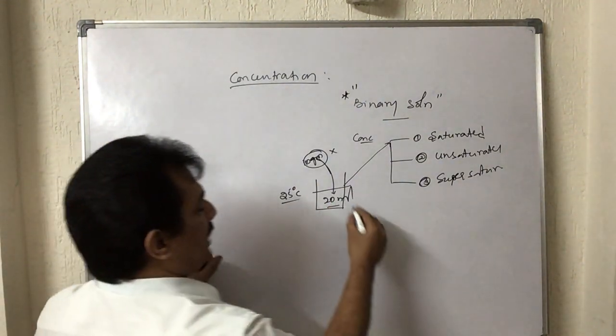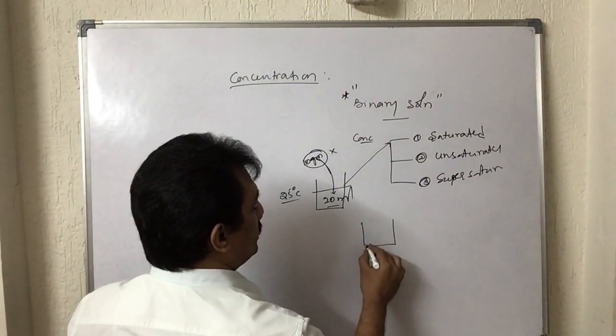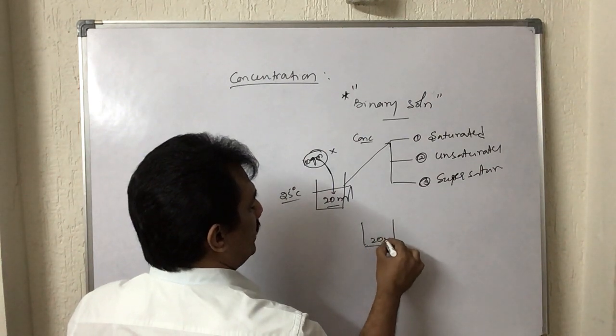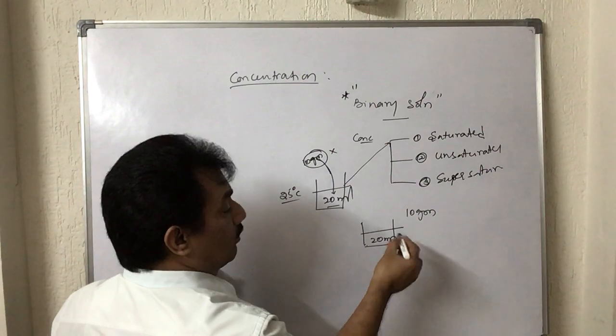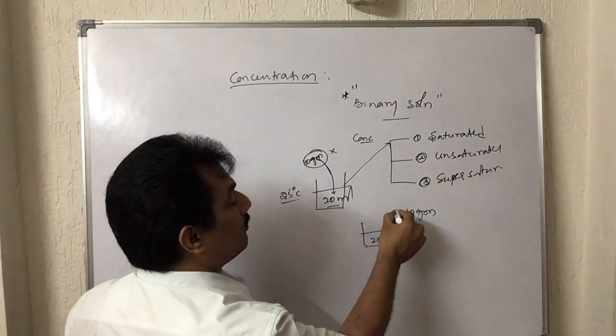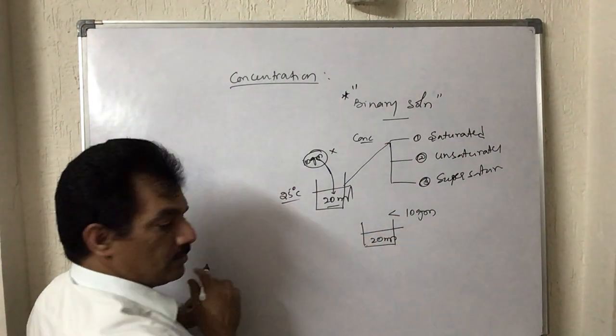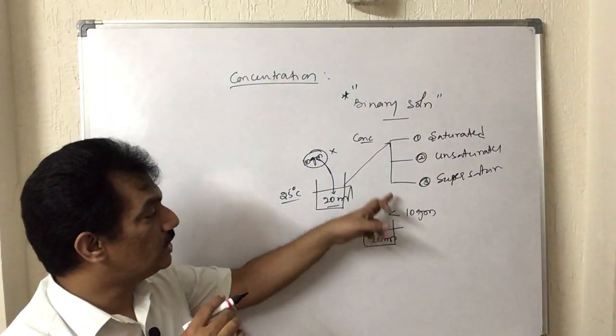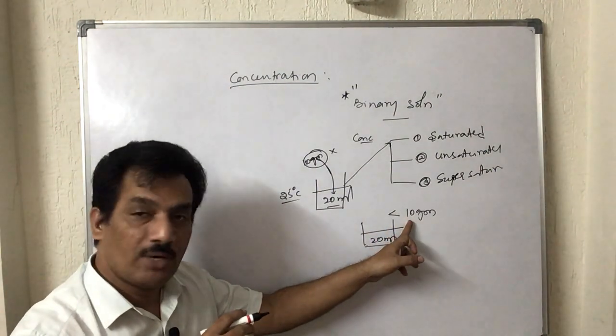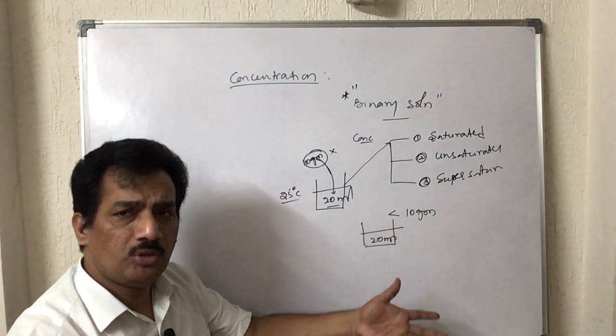The maximum extent that can dissolve is 10 grams, but now if the substance that is dissolved is less than 10 grams, that is, the substance present in dissolved condition is less than the maximum extent. Are you following? It is an assumption only.